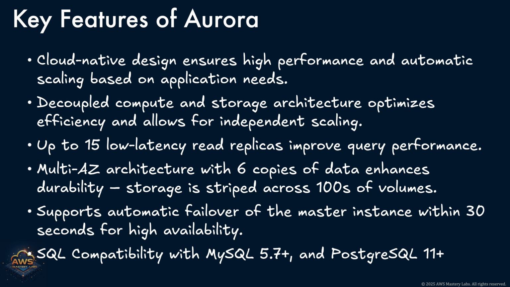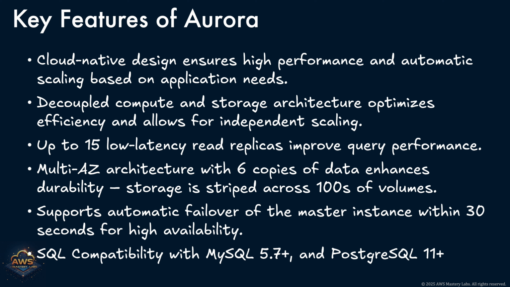Unlike traditional databases that were designed for on-premises environments and later retrofitted for the cloud, Amazon Aurora was built for the cloud from day one. It features a highly distributed, self-healing storage architecture that's purpose-built to take full advantage of cloud infrastructure.